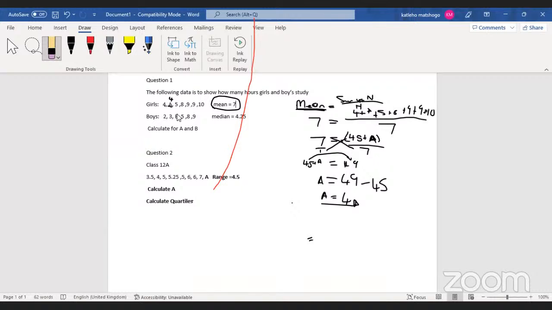It's those two numbers, it's two medians, you divide. Then we get 4,25.